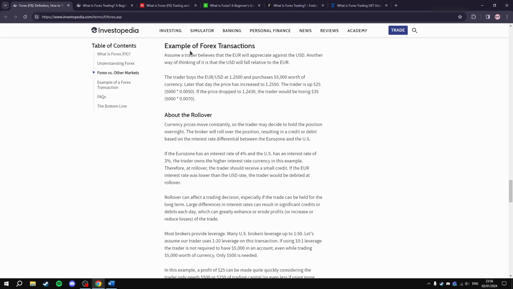Right, I think the trader buys EUR at 1 point and purchases 5,000 worth of currency. Later the price has gone to 1.5. Later the trader is up $25, 50 times. If the price drops, the trader will be losing $35. Right, okay.